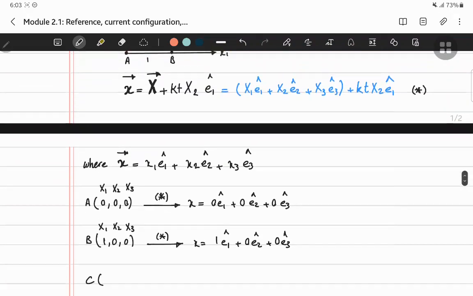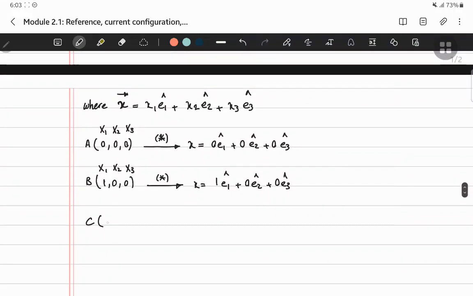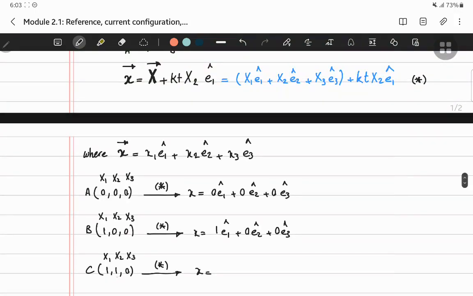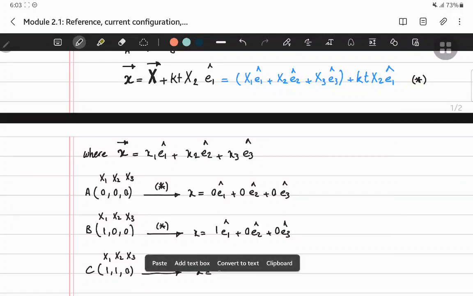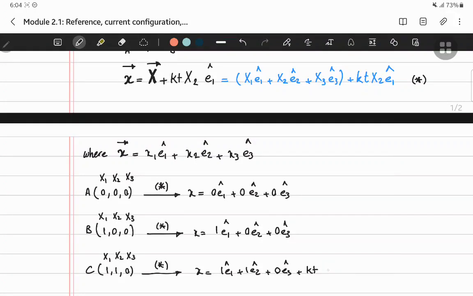Then we have point C, where the coordinate is 1, 1, 0. This is x1, x2, and x3. So x is equal to, x1 is 1, so we have 1 E1 plus 1 E2 plus x3 is 0, so 0 E3 plus kt, and x1 is also 1, so it is 1 here.